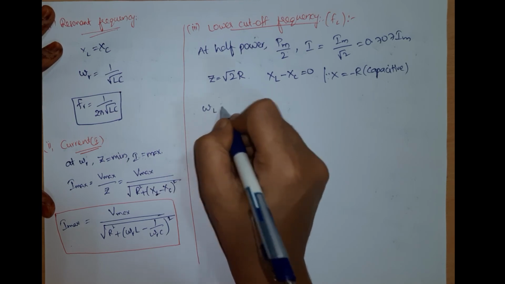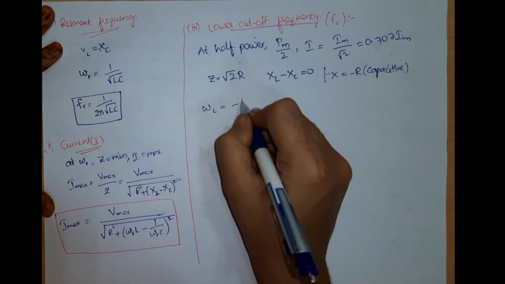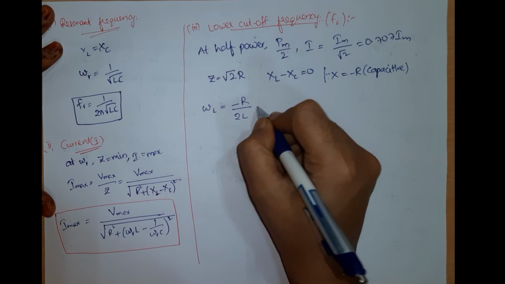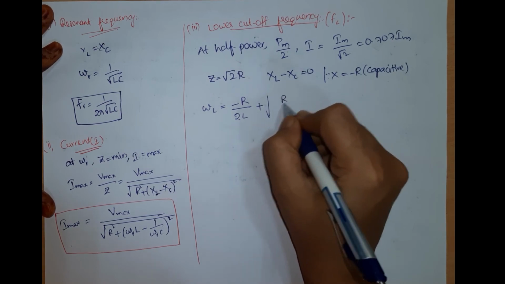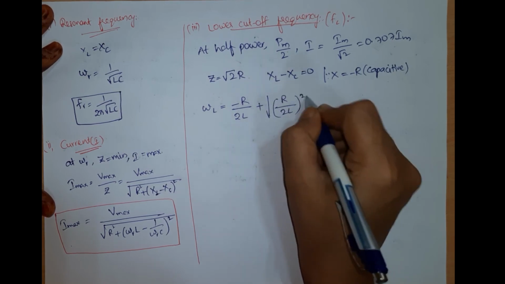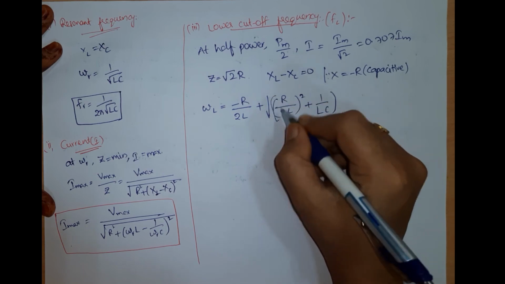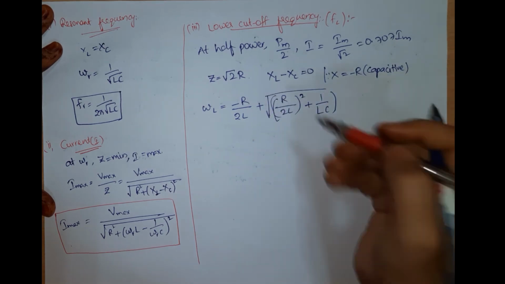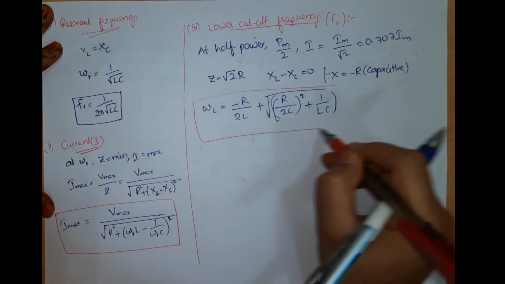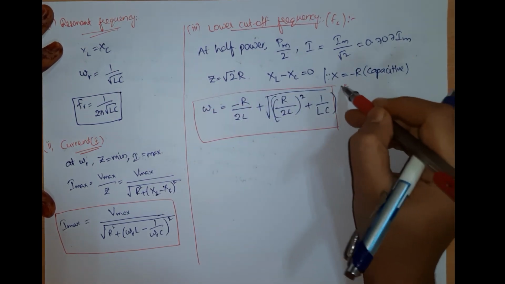Now omega L will be equal to minus R by 2L plus the square root of (R by 2L) squared plus 1 by LC. So this is the formula for lower cutoff frequency.